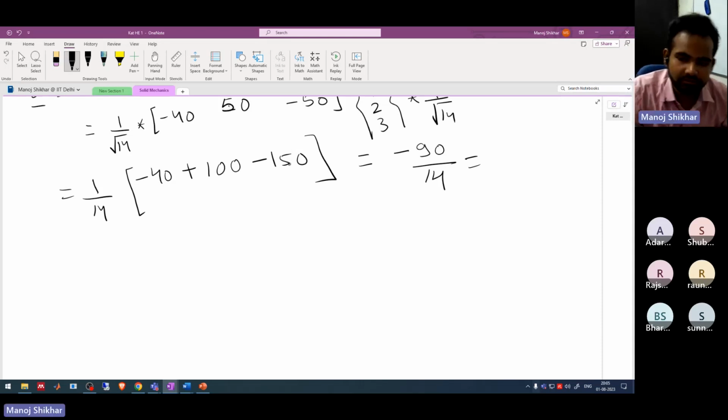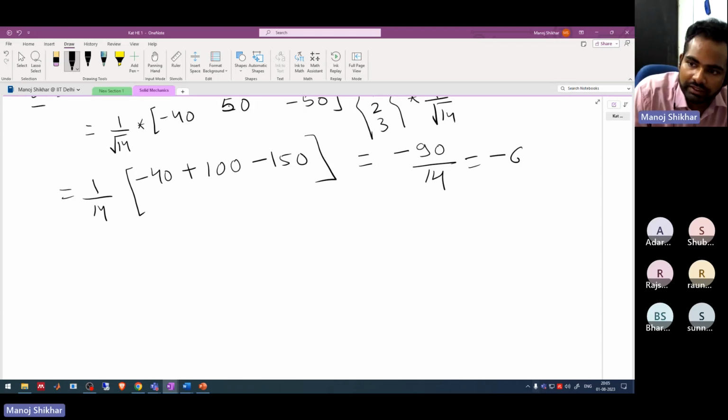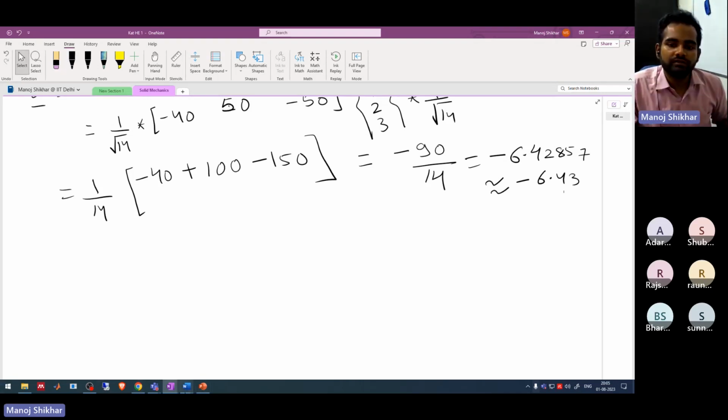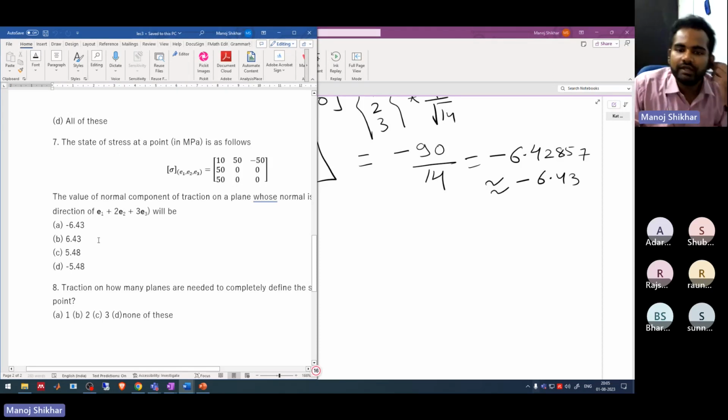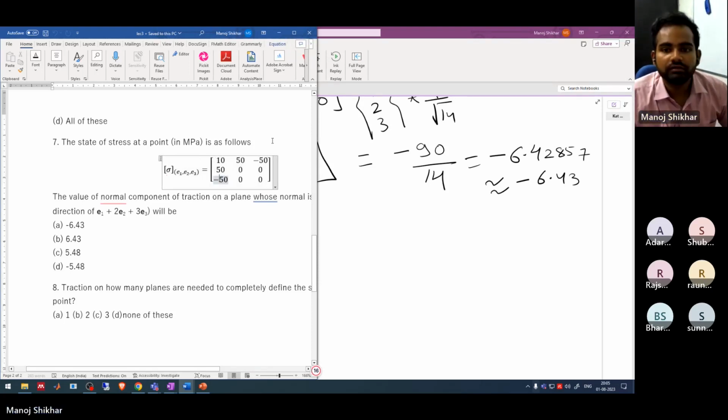This is minus 6.42857, which is equivalent to minus 6.43. So do we have an option there? Yeah, we have an option in A. So option A is correct. I have shown you the way. So here it should be minus 15, is correct.